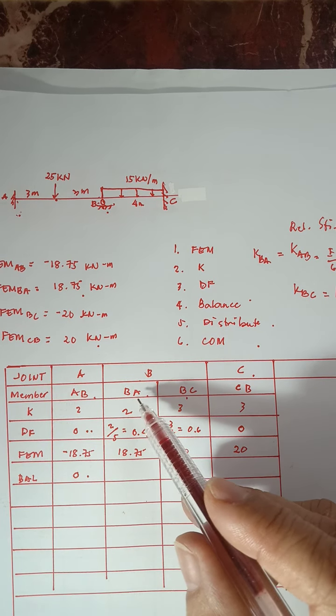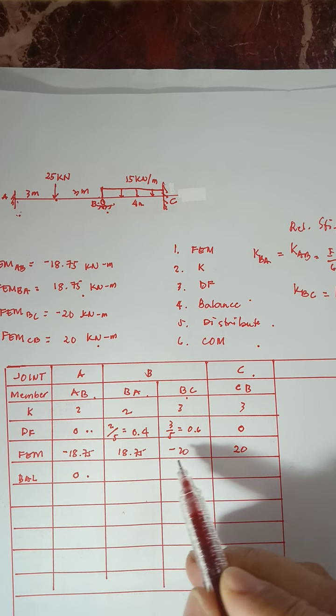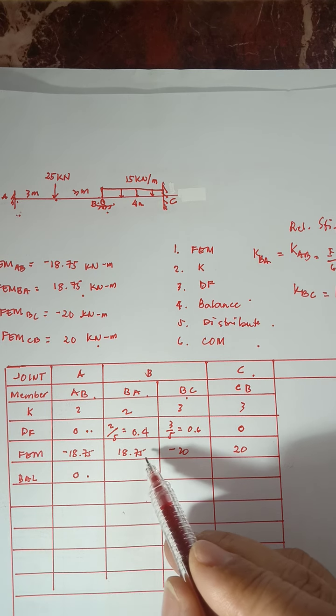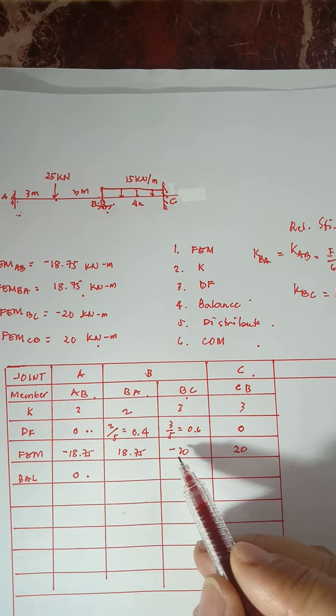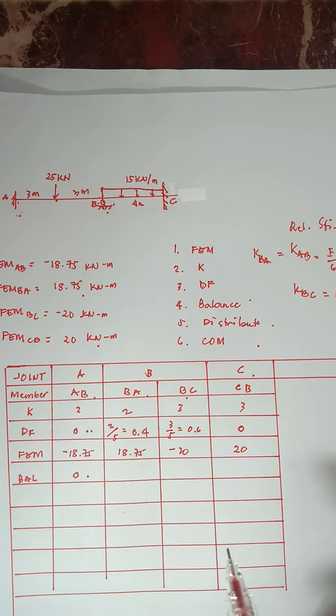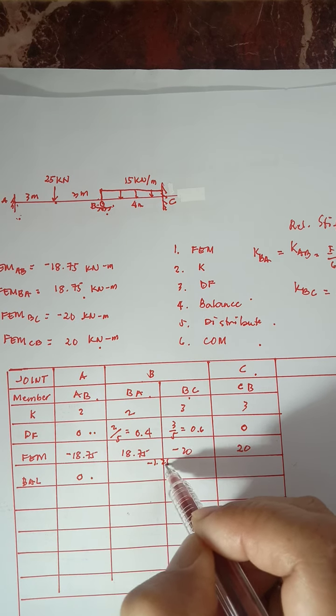So at joint B, two moments are acting, 18.75 and minus 20. One is positive and the other negative, so their directions are opposite. If the directions are opposite, you subtract: 20 minus 20 plus 18.75, that is equal to negative 1.25.